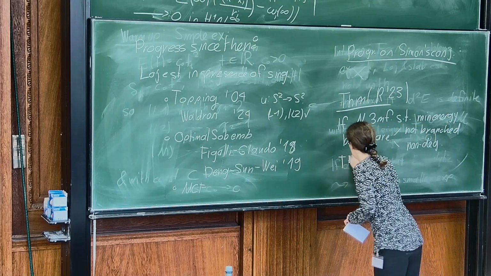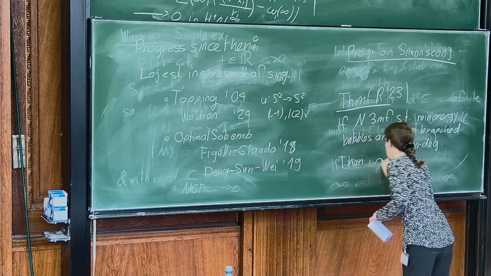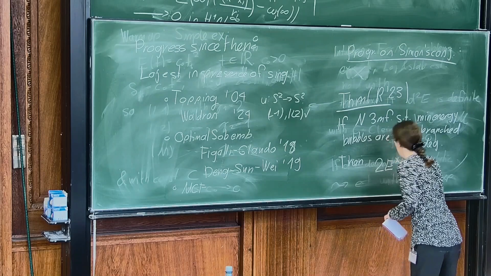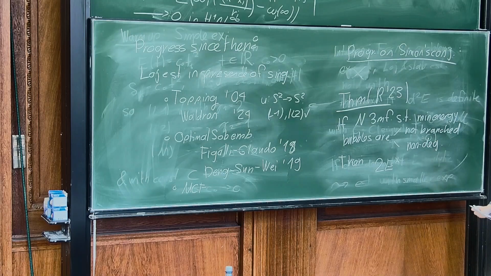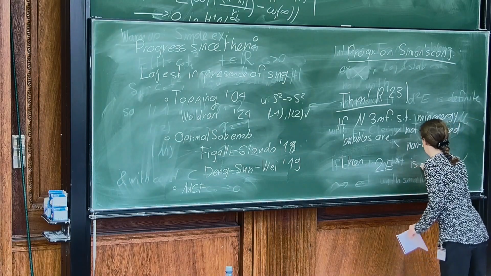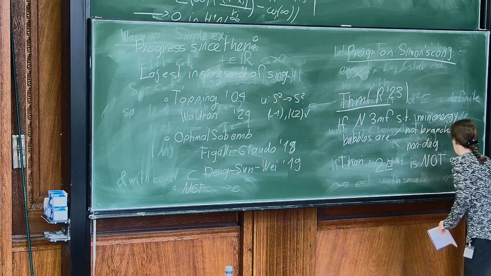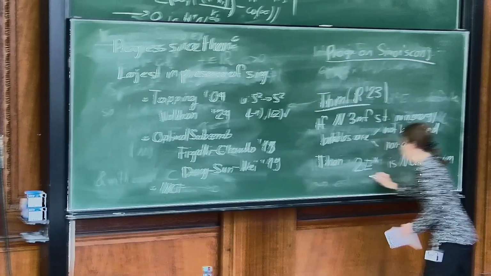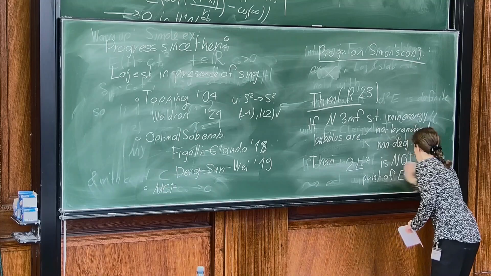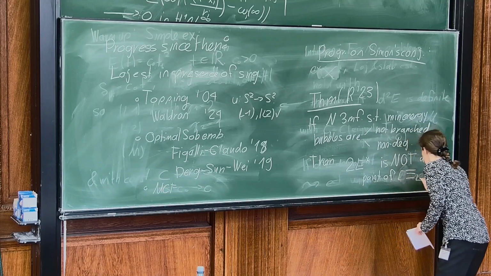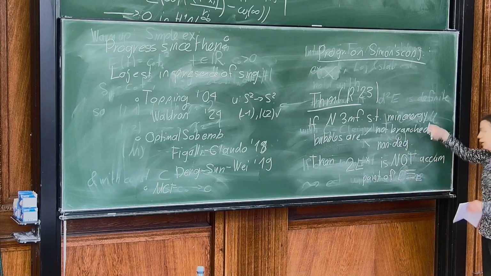Then the first candidate for an accumulation point, which is the first time you get a sum of energy, so it's 2E star, is not an accumulation point of the energy spectrum. In particular, the next one also has a gap.